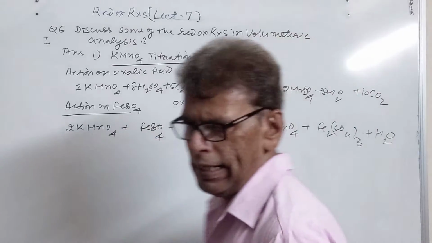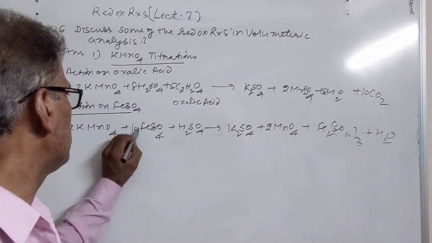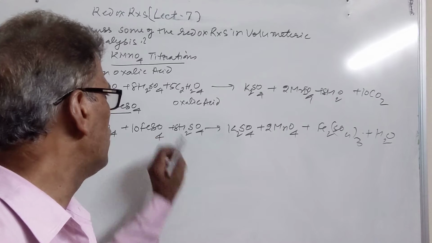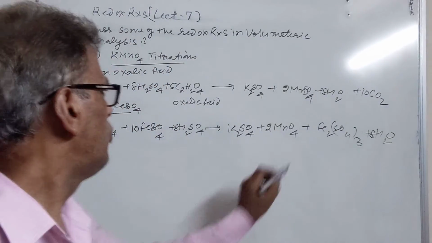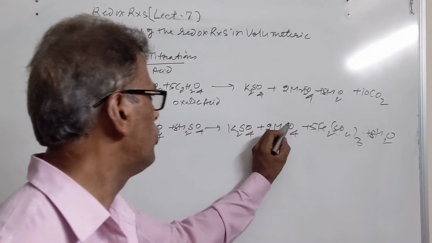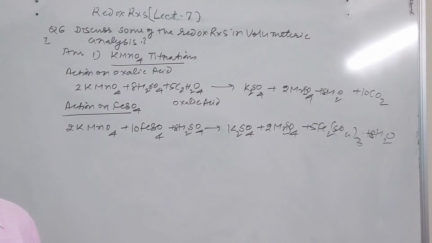So this is another redox reaction with ferrous sulfate. Here 10 molecules of ferrous sulfate are needed to react with 2 molecules of KMnO4, 8 molecules of sulfuric acid. We will be getting 8 water here, and we get 5 Fe2(SO4)3, K2SO4, and 2 MnSO4, 2 molecules of it. They are formed from this.